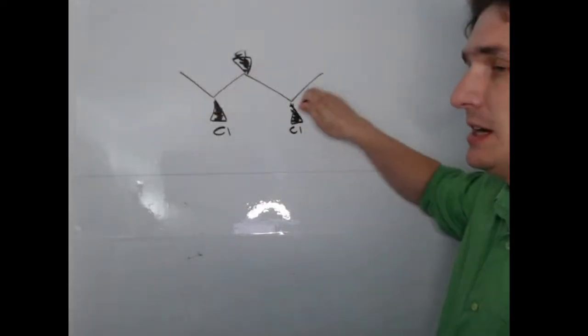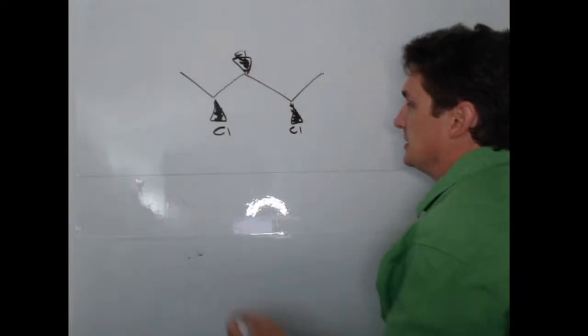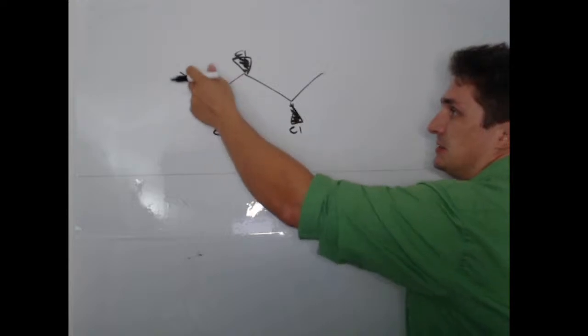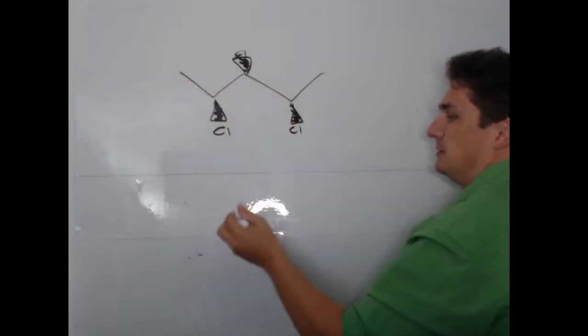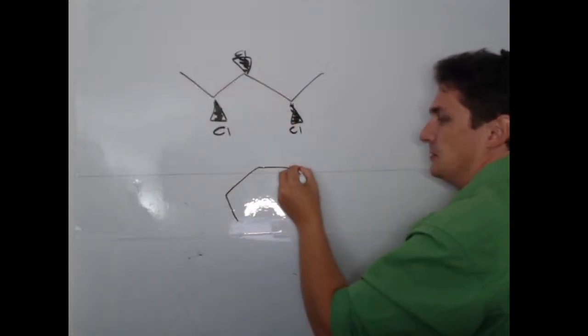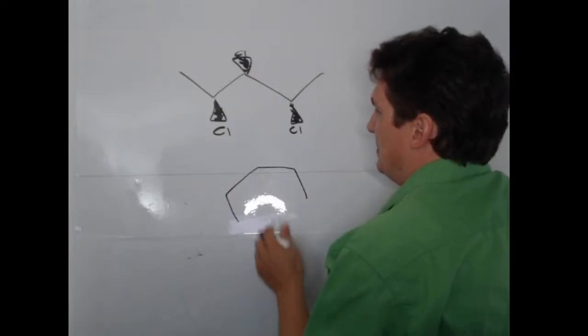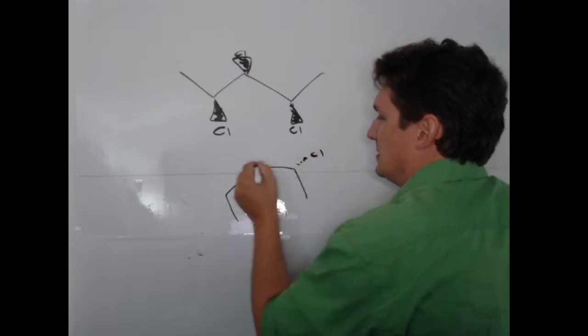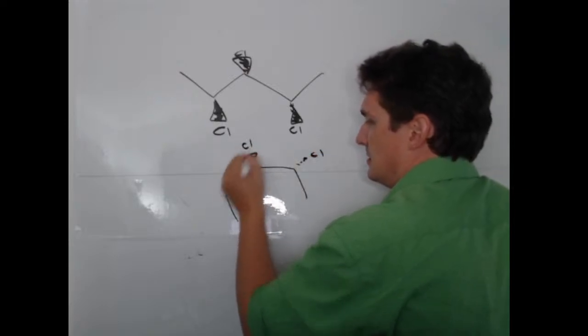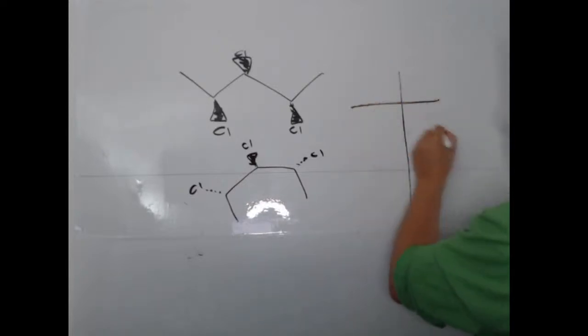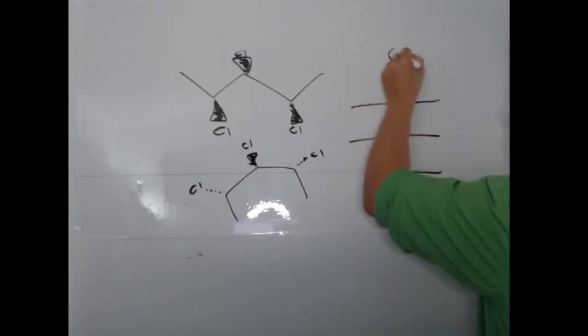This is the most stable conformation because all the bonds are stretched out. This is not the way the Fisher projection is. The Fisher projection would actually look like, let's see here, 1, 2, 3, 4, 5. So we'd actually have to rotate these bonds in order to make it look like an actual Fisher projection.